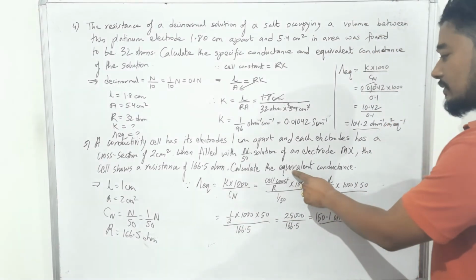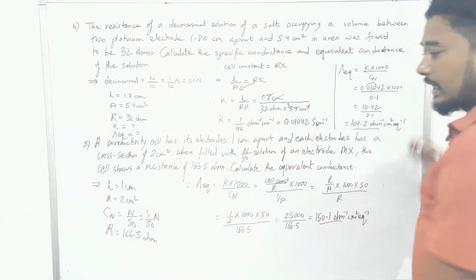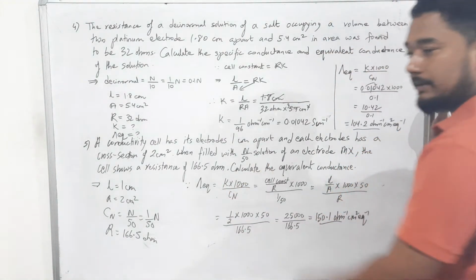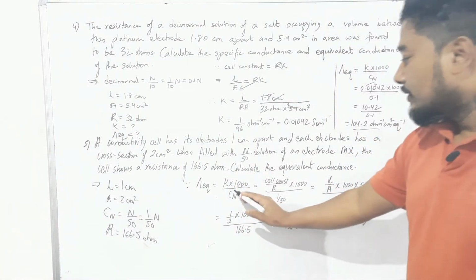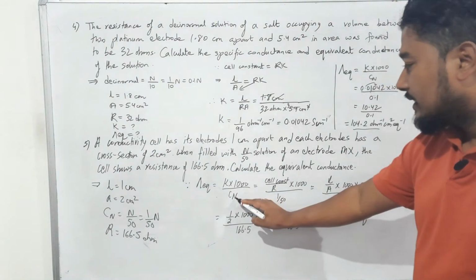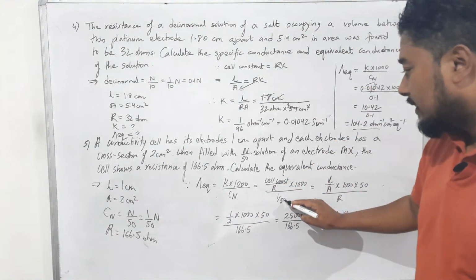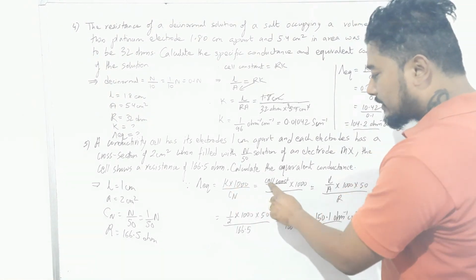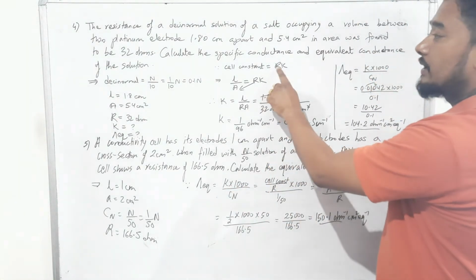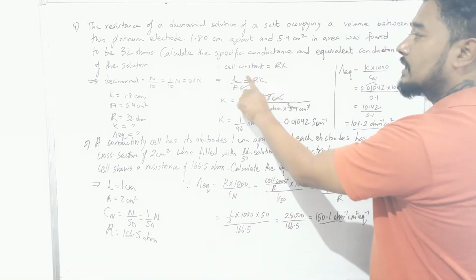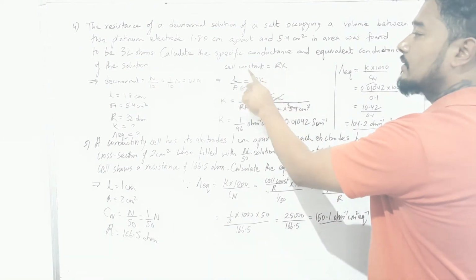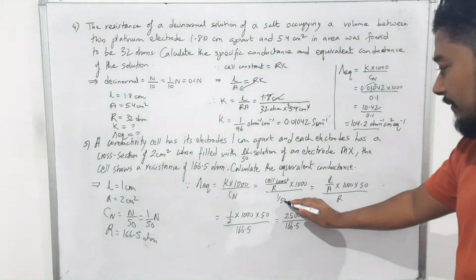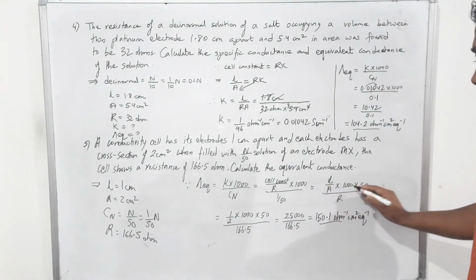Now the question is asking us to find equivalent conductance, and you know the formula of equivalent conductance is kappa into 1000 by Cn. So 1000 is 1000, the value of Cn is 1 upon 50, that I am writing here. Now do remember, students, we can replace kappa with cell constant by R. If I bring this R down, kappa means cell constant upon R. Now if this 1 upon 50 goes up, it becomes 50. 1000 is up only.